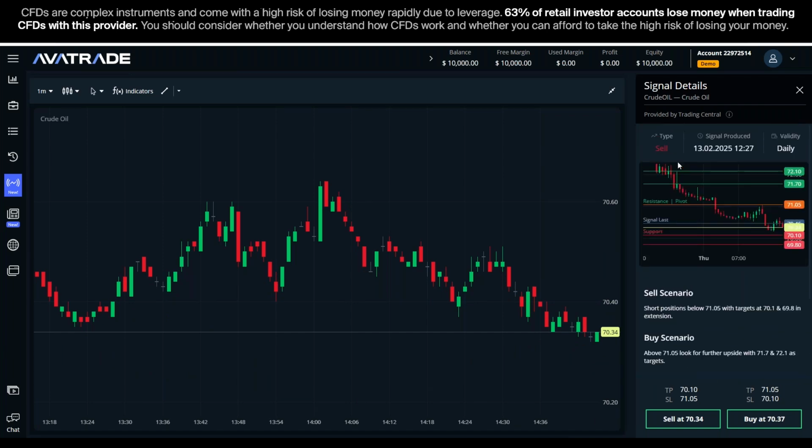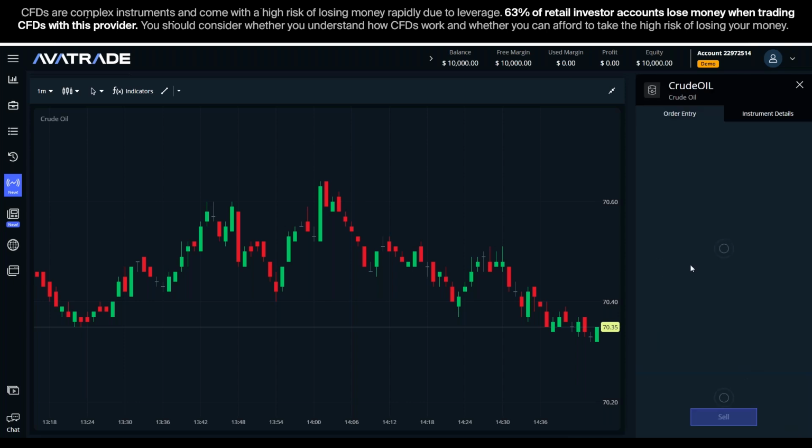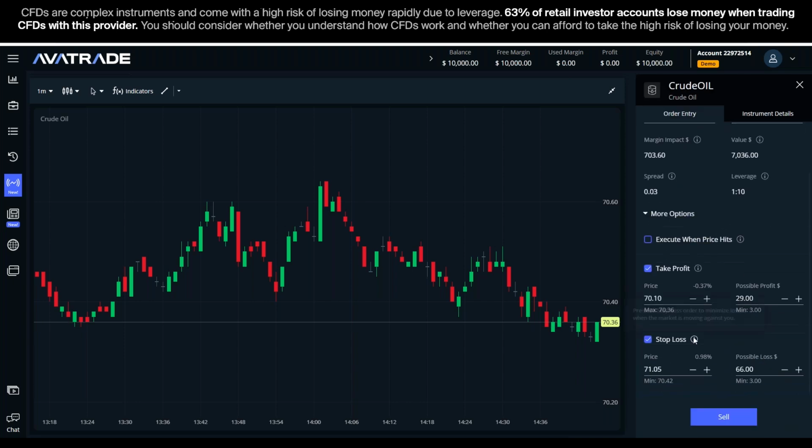We have a sell scenario and a buy scenario. This is on a sell type. So as we've learned, when we are selling, our intention is that the value will decrease. Therefore, our take profit will have to be at a lower value. So if I click here, sell scenario, I have a signal here ready to be executed.